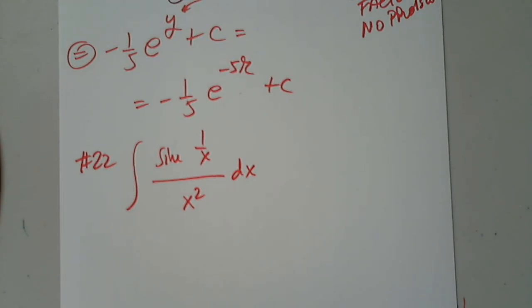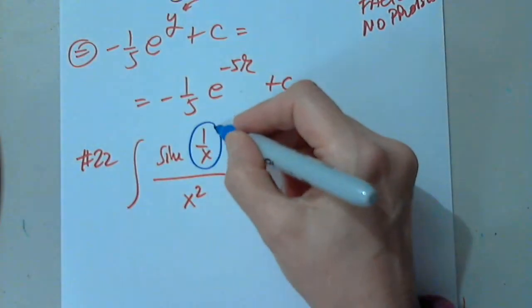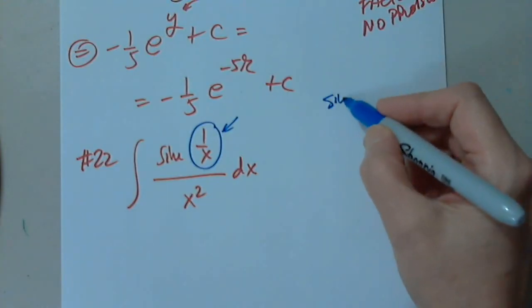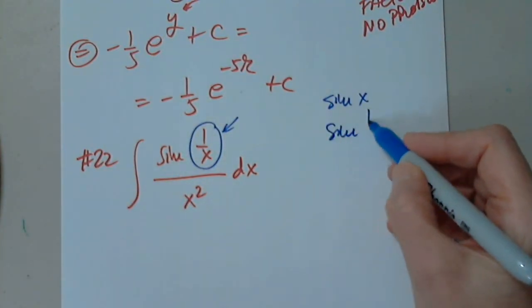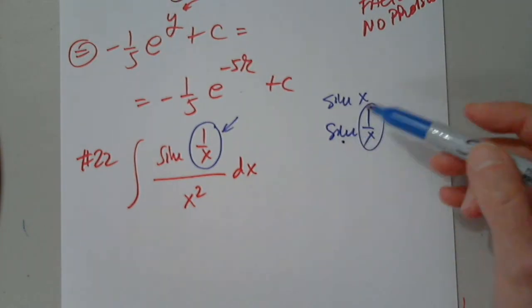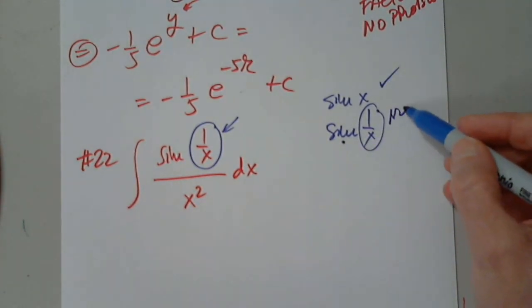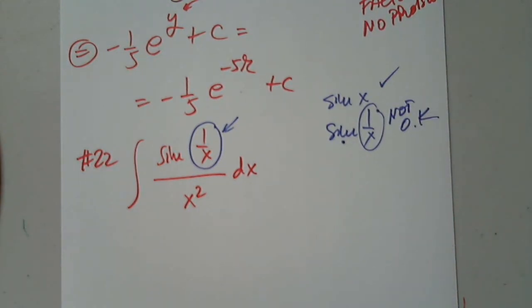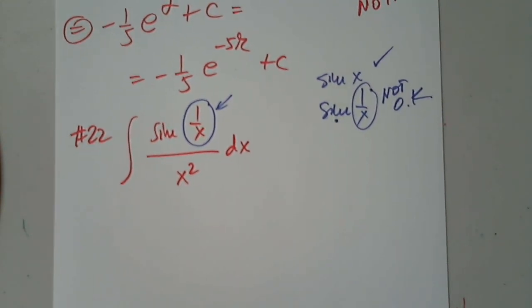What do you think bothers me here? So to speak, of course. Is it sine 1 over x? Exactly. This is what bothers me. I like this. I don't like this. Because this is already a function inside sine. This is okay. This is not okay. So then what will be my substitution?